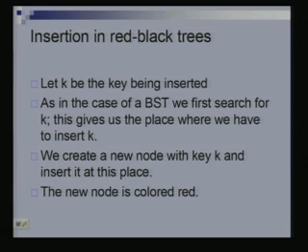If it does not, then we are able to identify the place where the key has to be inserted. We create a node with that key, we put it at that location, and now we have to color this node, because after all a red-black tree differs from a binary search tree in the fact that each node is colored and this coloring obeys certain properties. So, now we color this node and we are going to begin by coloring this node red.